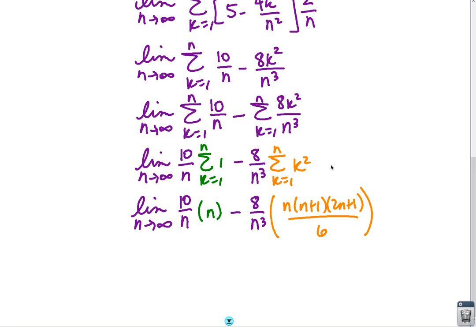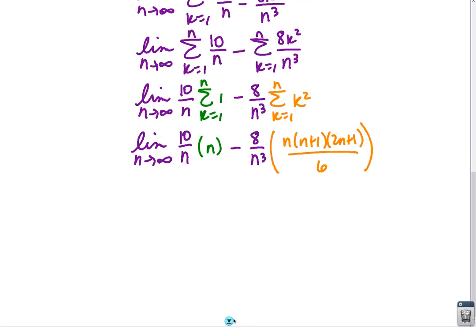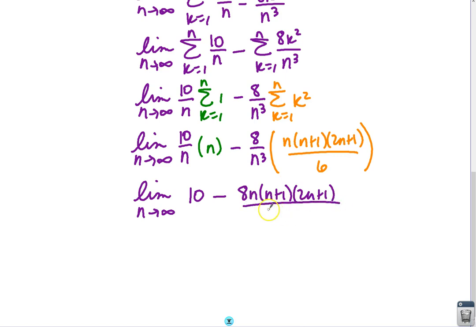Now I want to clean this up a little bit and turn this into a basic limit problem. I've got the limit as n approaches infinity, 10 over n times n, which just becomes 10, minus... I could multiply all that out, but I'm not going to, let's be real here, it's too much. 8n, n plus 1, 2n plus 1 over n cubed, 6n cubed.